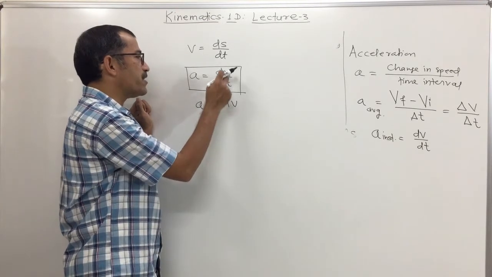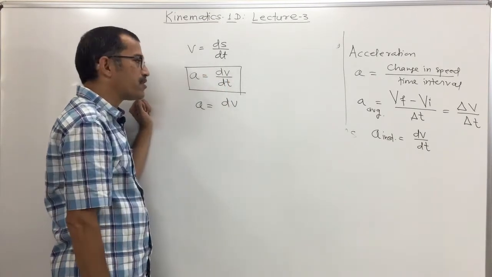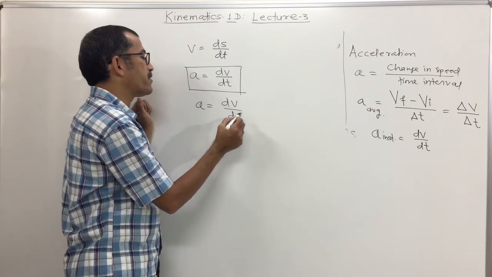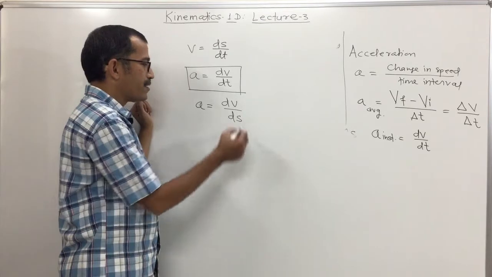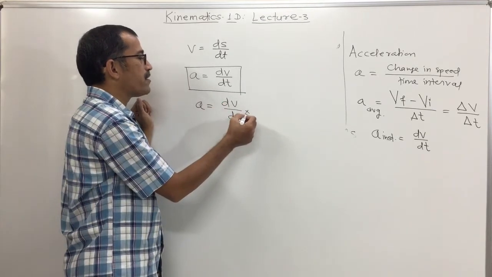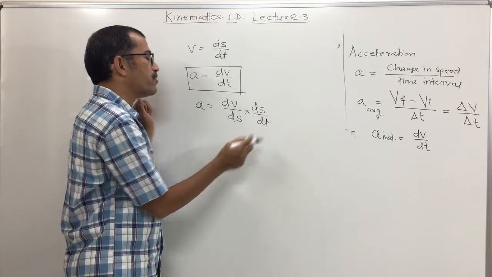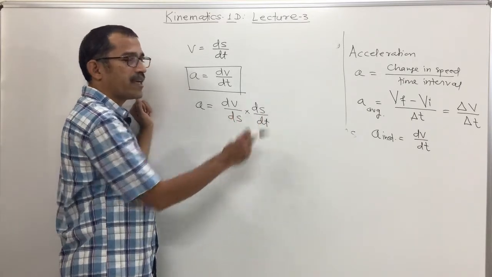dV by dt is the differentiation of velocity with respect to time. We can also differentiate V with respect to S, and then differentiate S with respect to t. That is also possible, multiplying and dividing by ds.